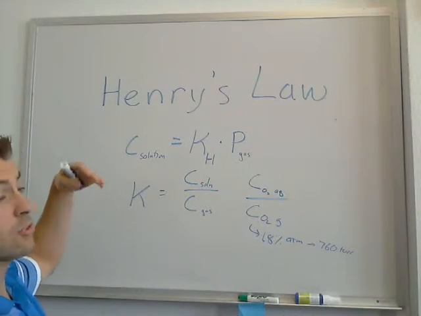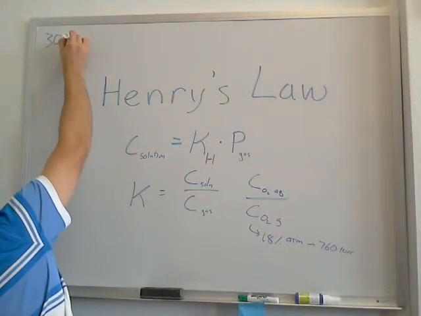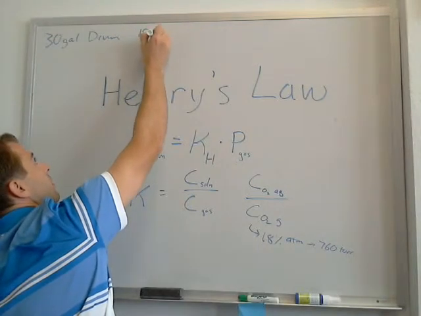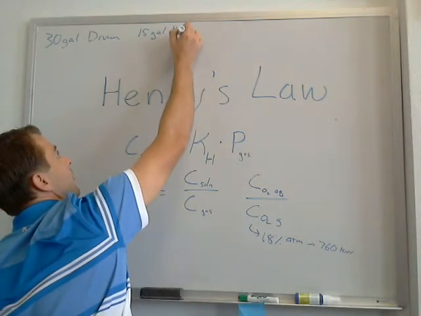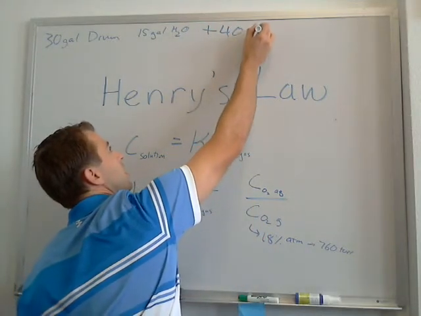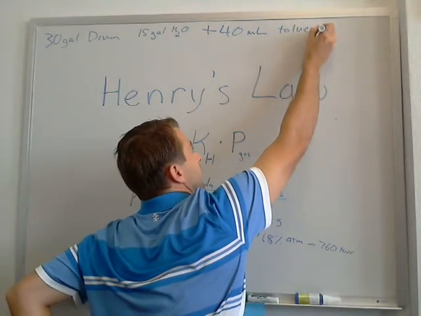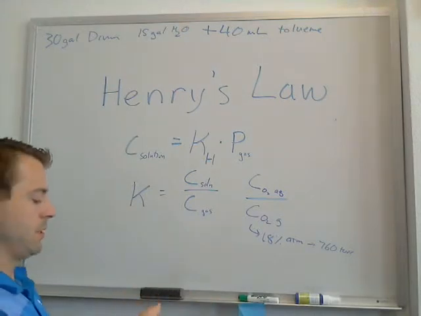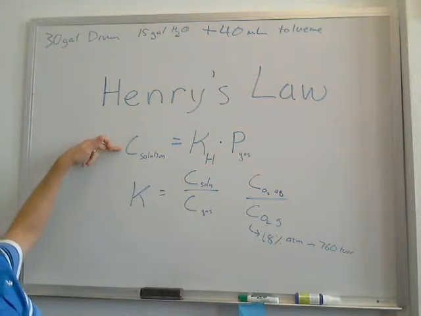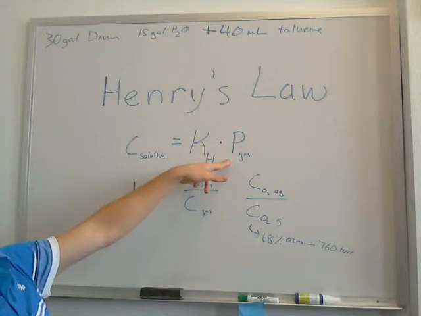But if we, say, have a 30-gallon drum with 15 gallons of water, and somebody adds 40 mils of toluene, then if we wanted to know what will the concentration of toluene be in the headspace, and what will the pressure be in the equilibrium.